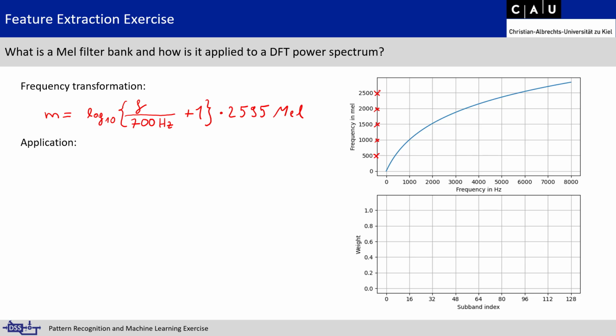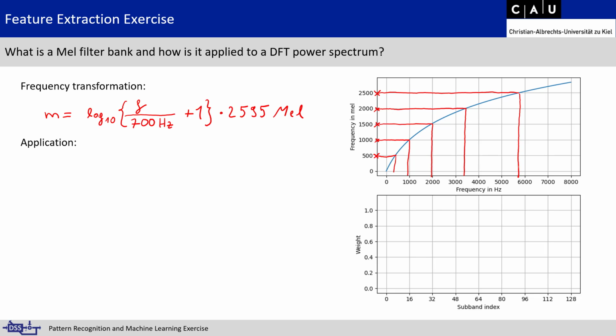Now I have to know what those correspondences are in the Hertz frequency domain, to know what I actually have to do in that domain to apply the MEL filter bank. I find the correspondences by applying the mapping for 500, 1000, 1500, 2000, 2500. Those are my corresponding frequencies in the Hertz frequency domain.